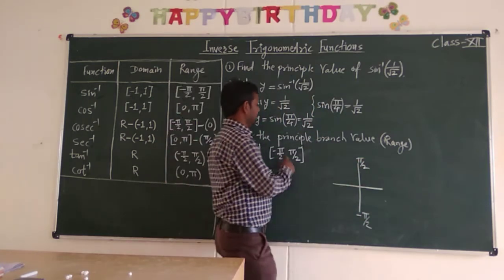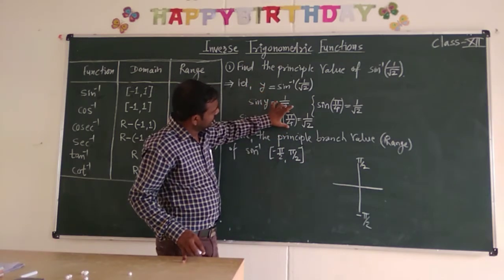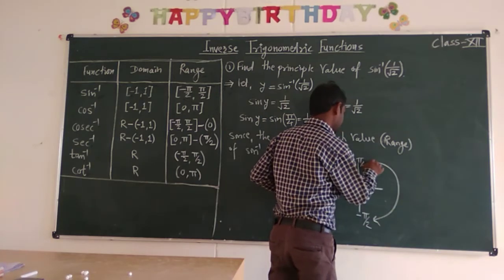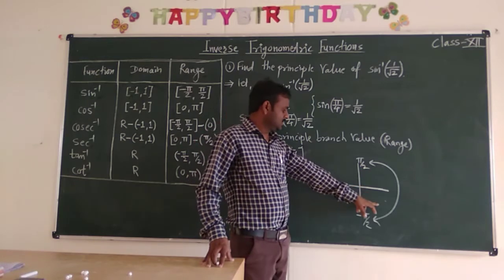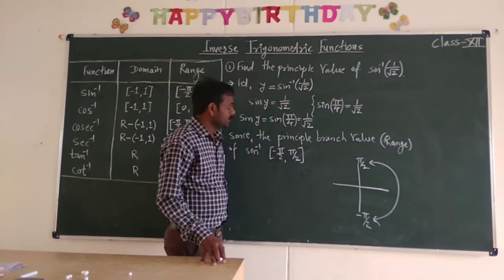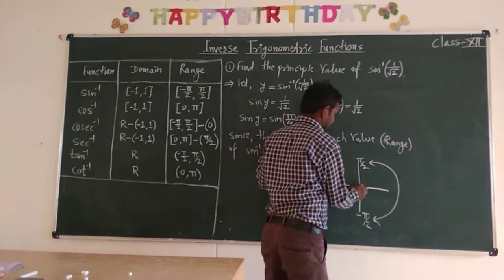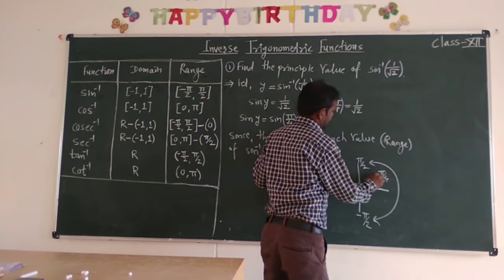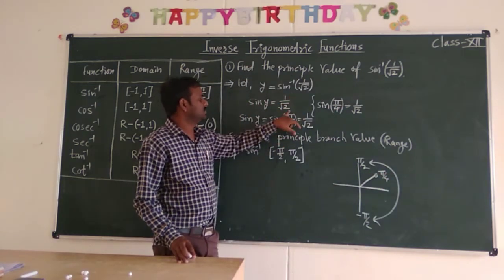So your angle pi by 4 lies in the first quadrant, because sin y is positive and the angle is pi by 4.